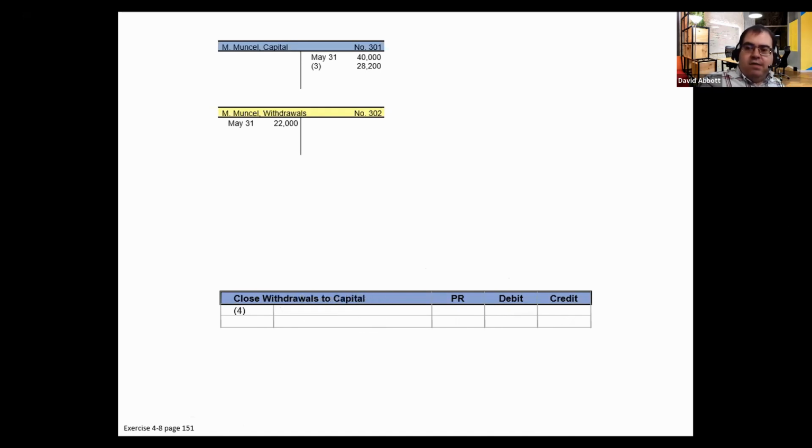Okay. So the next thing is to close the withdrawals to capital, how much she took out. So we know that she took out $22,000. Again, you're going to do the opposite. Normally Munsell withdrawals has a debit balance, so we're going to credit it in order to reverse it and close it out completely. And then we have Munsell capital $22,000.